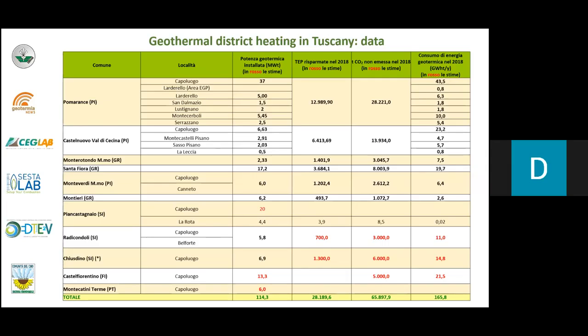The geothermal district heatings in Tuscany, as I was saying before, we have a lot of district heatings in geothermal areas, but for few users.